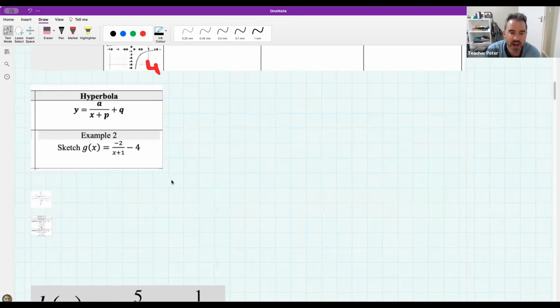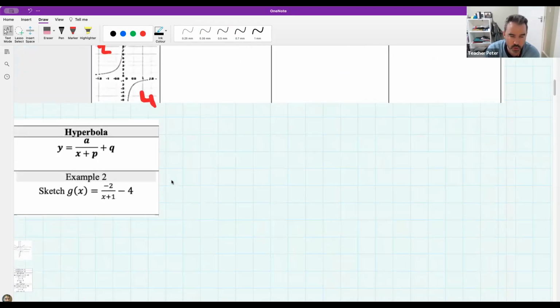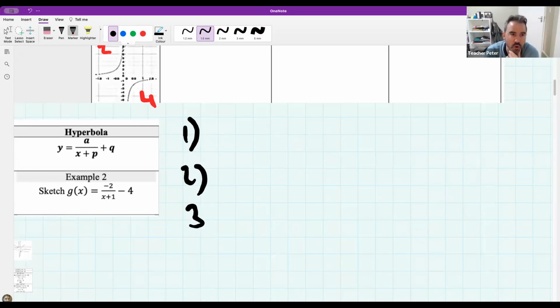Now, I want to see, can you draw for me? Today we're going to start with a bit of a revision. There were 3 steps that I made you do to draw a hyperbola, and we're going to try and draw this hyperbola. What was step 1 going to be from the last lesson? Pop it in the chat.